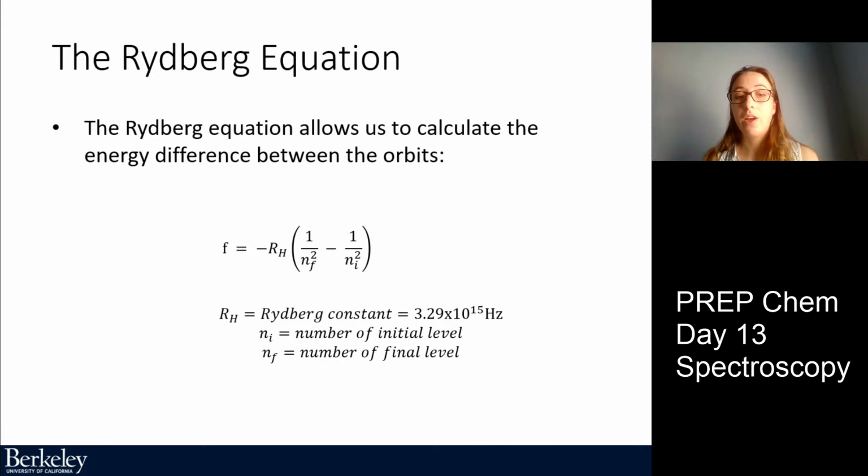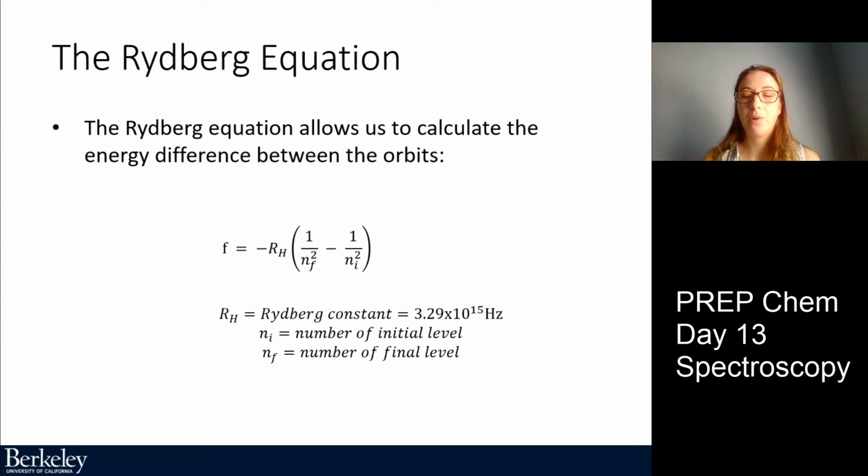For example, n final could be n equals 2 and n initial could be n equals 1, but they are always integer values. So this empirical relationship actually allows us to calculate the observed frequency of light when atoms undergo transitions between these different energy levels.